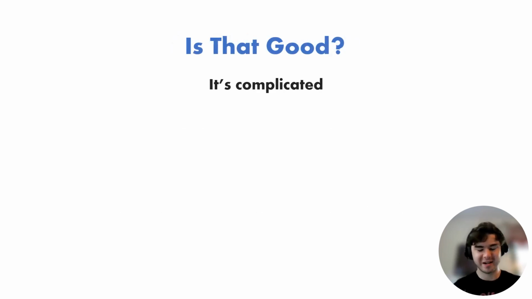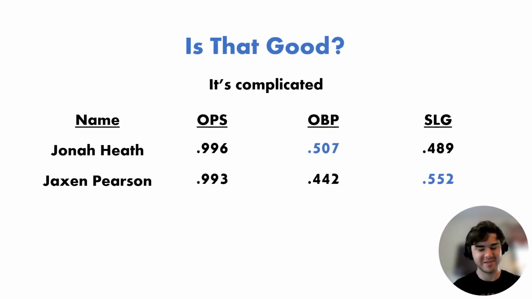Now, the next question is, well, is that a good OPS? And the answer is complicated. Since OPS has two factors that are measured on different scales, on base is a 0 to 1,000 scale, slugging is a 0 to 4,000. You can reach the same OPS in very different ways.